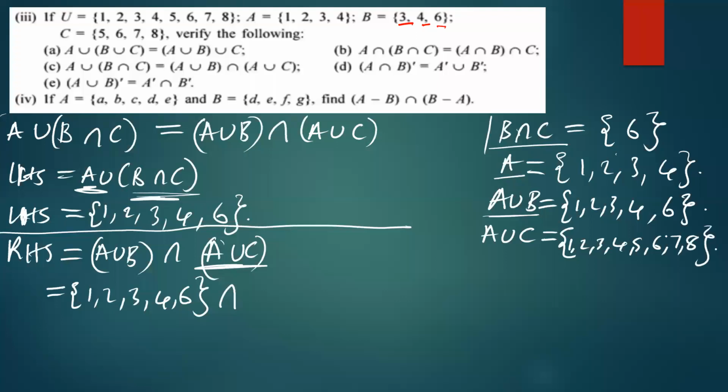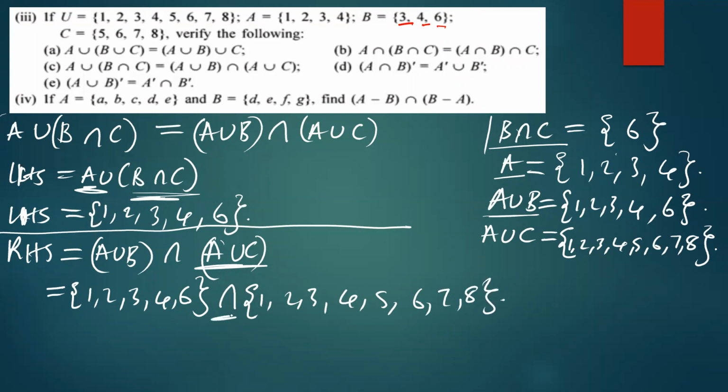So this is the result, our A union C, which is 1, 2, 3, 4, 5, 6, 7, 8.